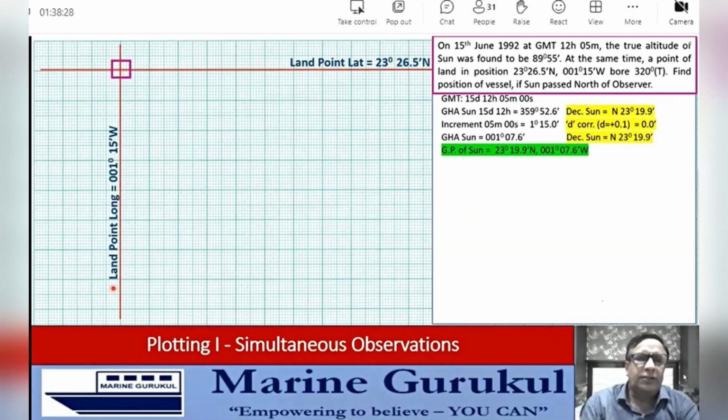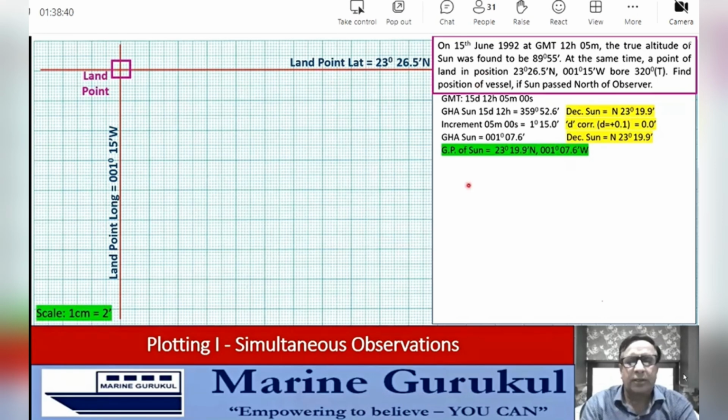Now this obviously is the landmass, the point on land whose bearing has been taken to give us the second PL. Since the distances involved are a little bigger, we can have a smaller scale, 1 centimeter equal to 2 minutes or 2 miles.